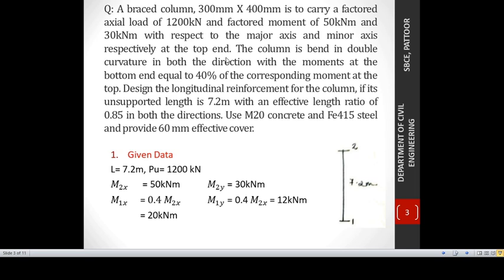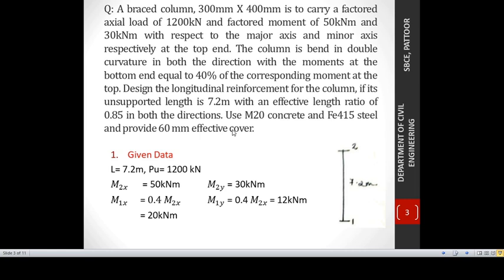The column is bent in double curvature in both directions with the moment at the bottom end equal to 40% of the corresponding moment at the top. Design the longitudinal reinforcement for the column if its unsupported length is 7.2 meters with an effective length ratio of 0.85 in both directions. Use M20 concrete and Fe415 steel and provide 60 mm effective cover.